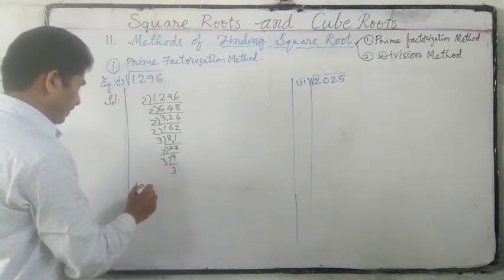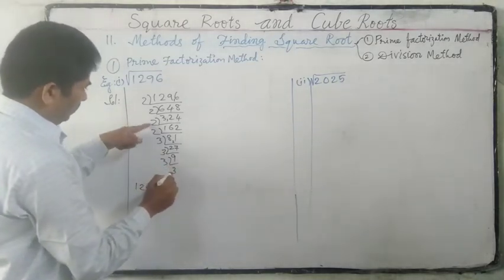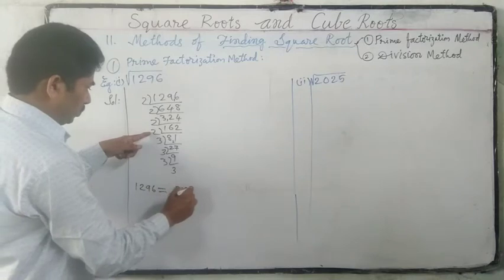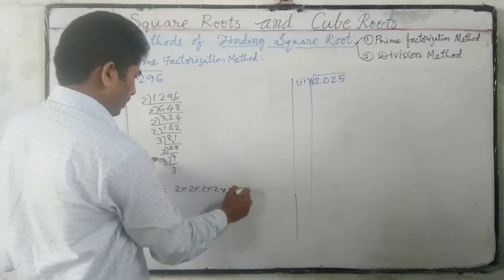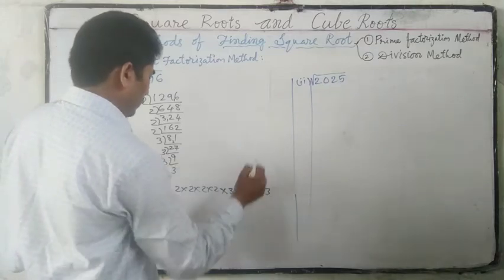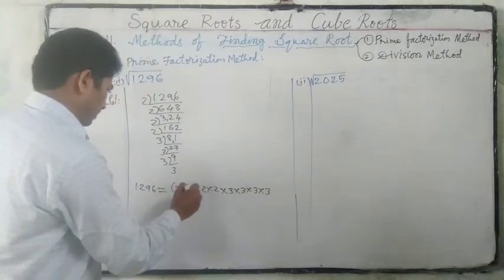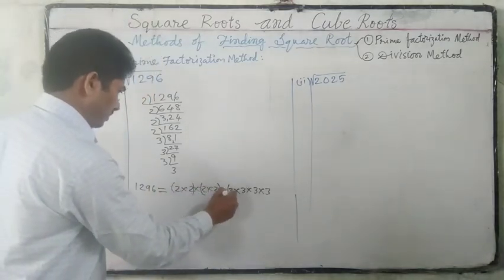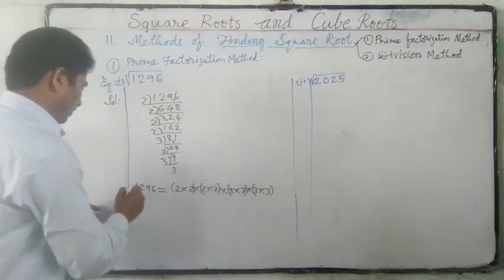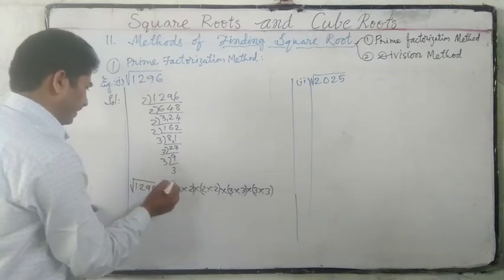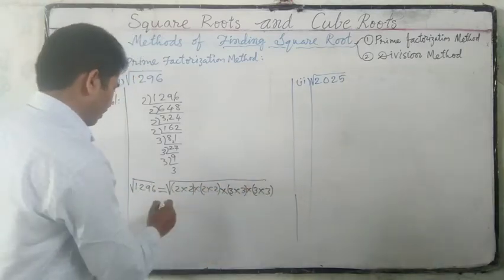So 1296 is equal to 2 into 2 into 2 into 2, and 3 into 3 into 3 into 3. First we have to make pairs. Square root of 1296 is equal to square root of these pairs.